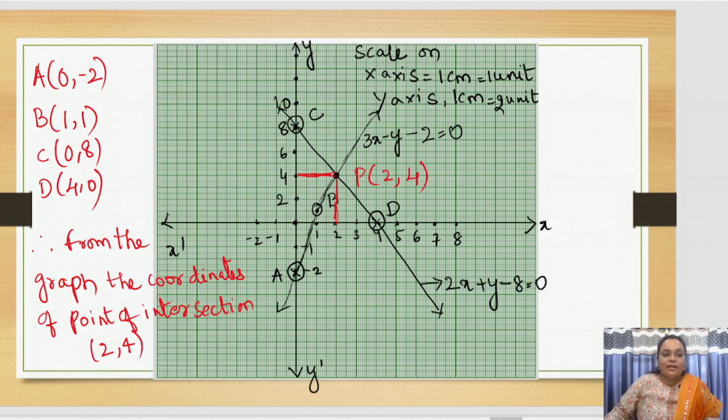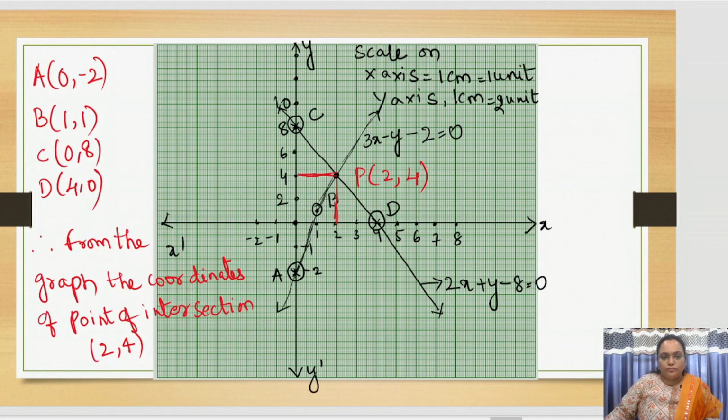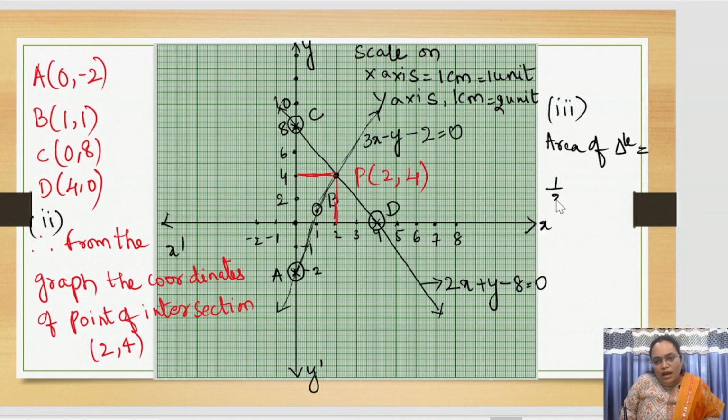Then we need to find the area of a triangle formed by the lines and the x-axis. So, what is the area of a triangle? Area of triangle is equals to half into base into height.